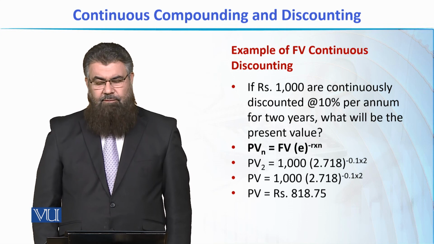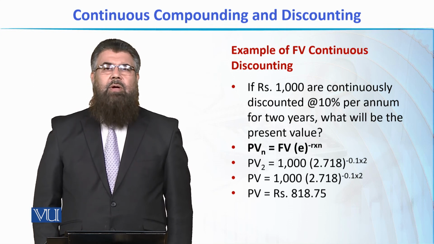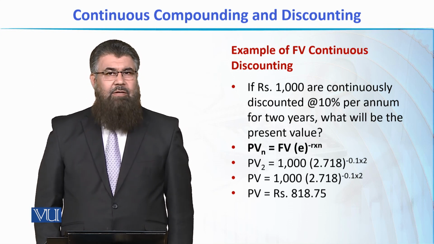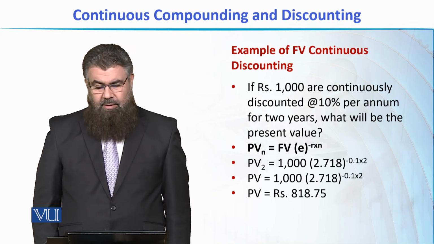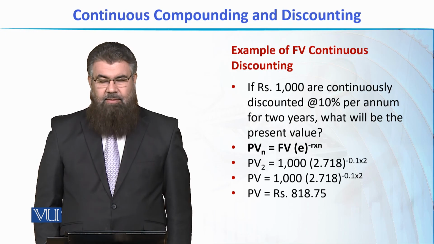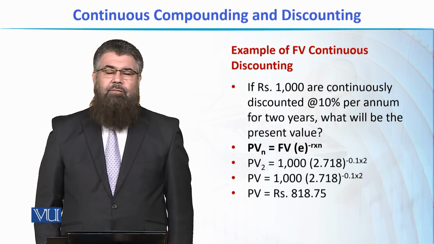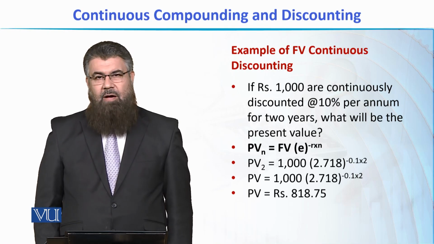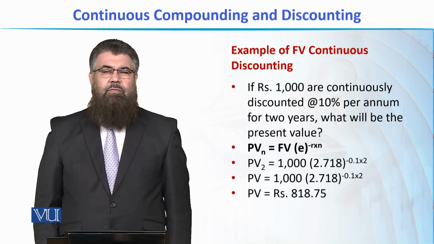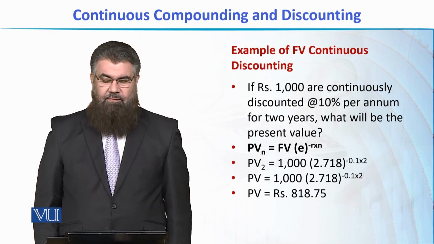Similarly, if we carry forward the example and try to calculate the present value using continuous discounting, you can see that the formula is the same, except that now the future value is divided by the exponential constant with a power equal to the rate of interest multiplied by the number of years.